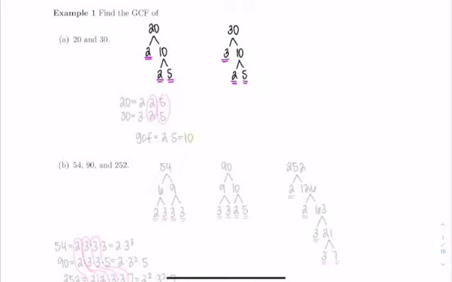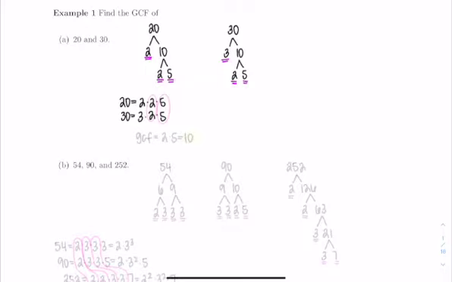So we can write 20, and we just take the numbers at the end of the branches. So 2 times 2 times 5. And 30 is 3 times 2 times 5, or you can write that in order, it doesn't matter.